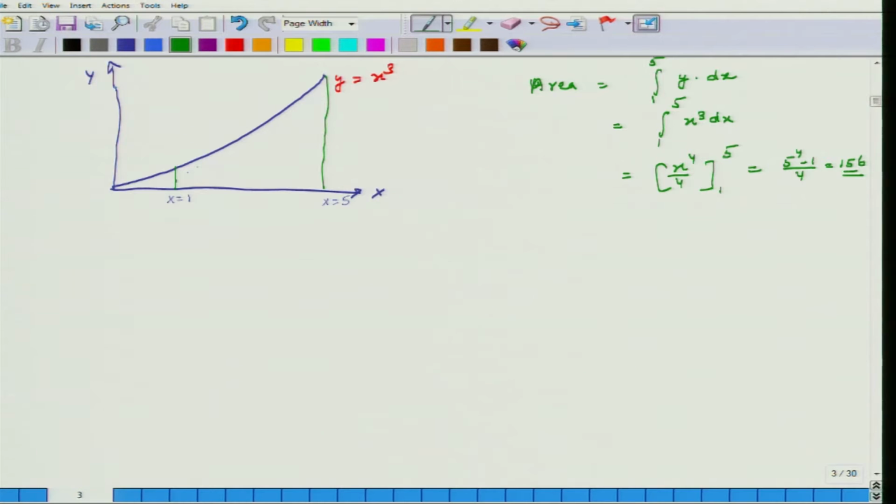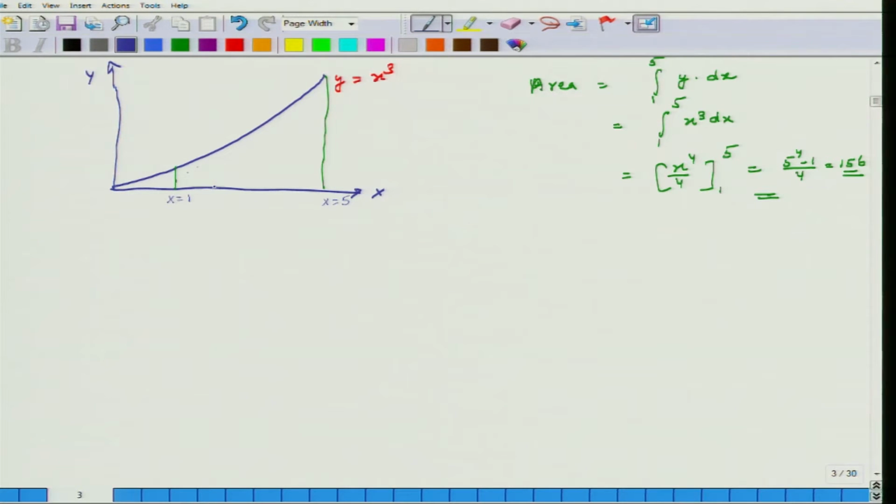Okay. So, this is one approach, but if this curve was very complicated and we cannot calculate the exact integral of this function, then this approach will not be efficient. So, the other approach is that I break this area into small pieces.